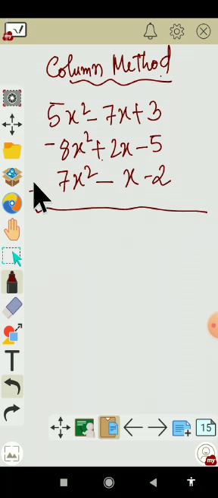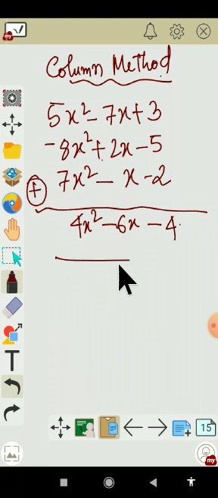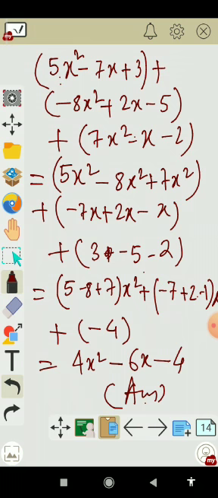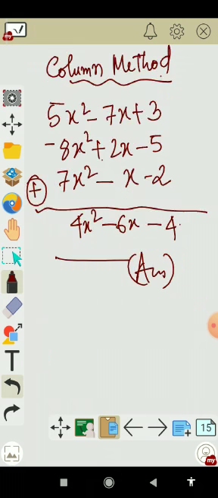So we have to add these. Here 5 minus 8 plus 7 gives 4x square, minus 6x, and minus 4. So we got this as the answer, and this answer is similar to the earlier answer, 4x square minus 6x minus 4.